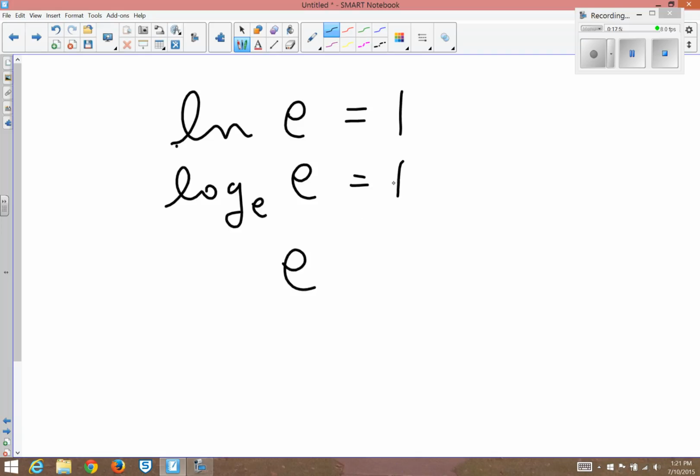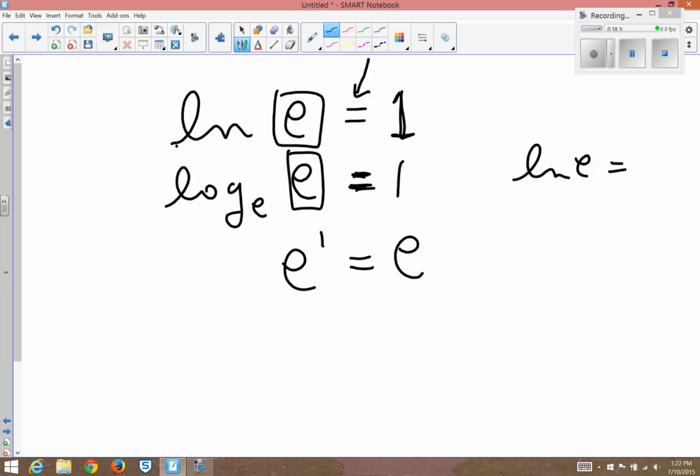This is the exponent, because a log is an exponent. So the 1 over here is the exponent. And this base raised to this exponent equals whatever's written right there. So the reason I keep saying the natural log of e is 1 is because this is true.